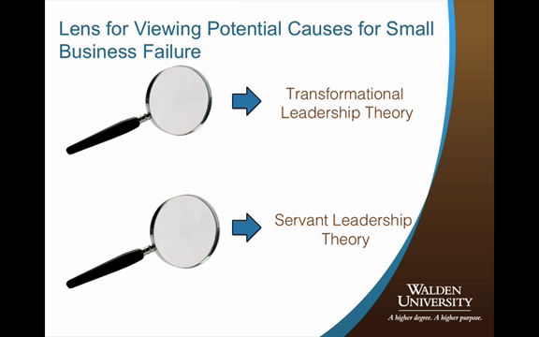For example, you might hypothesize or rationalize that transformational leadership characteristics offer a systematic view for the failure of small businesses. Specifically, you might hypothesize or rationalize that a leader's transformational leadership characteristics are influential in the success of small businesses. As such, your study would be grounded in transformational leadership theory or transformational leadership conceptual framework.